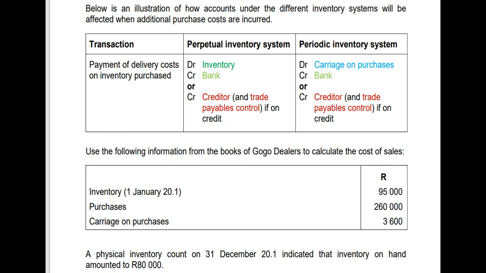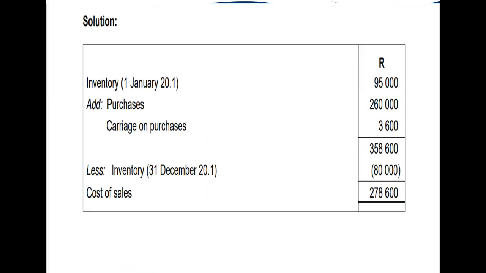It will give you the cost of the goods that have been sold, which becomes easy. So it's 95,000 plus 260 plus 3.6, you get 358,600. Then you less the closing inventory of 80,000, you are left with a cost of sales of 278,600.